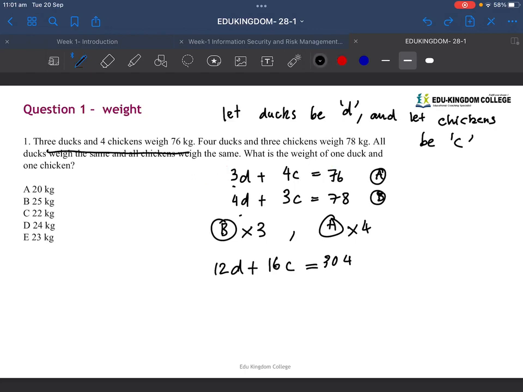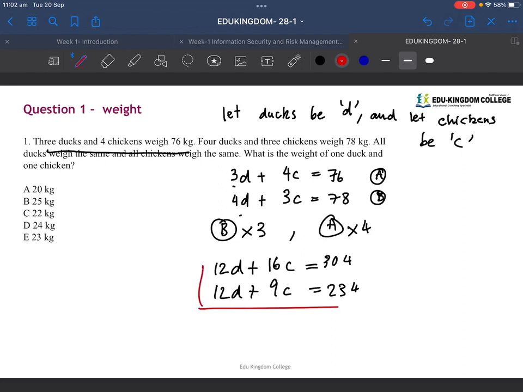Anyways, let's look at option B. If I times 3 to both sides of the equation, it's going to be 12D as well. Plus, what's 3C times 3? 9C, and that's going to be 78 times 3 on the other side, which is 234. Okay, just like that. Now that we have these two equations, I'm going to show you why we did that.